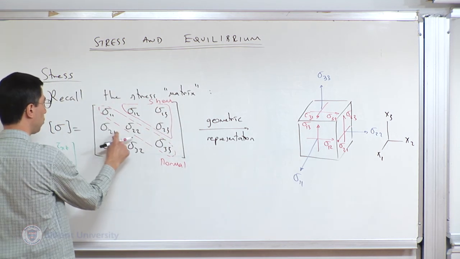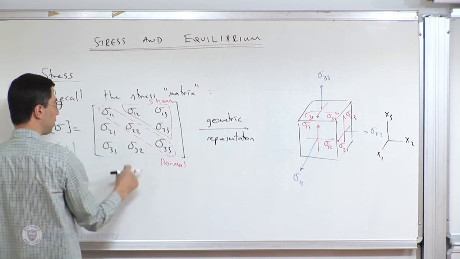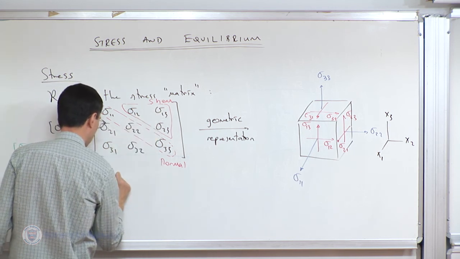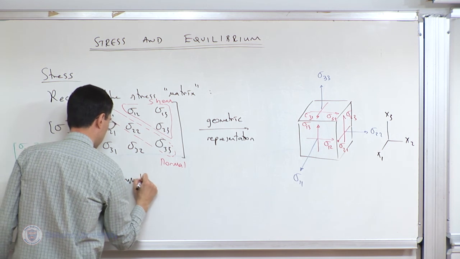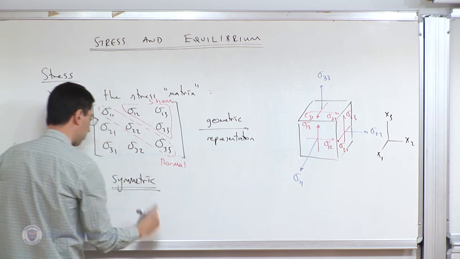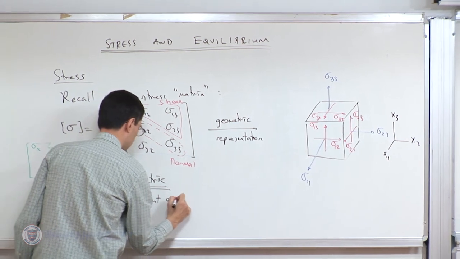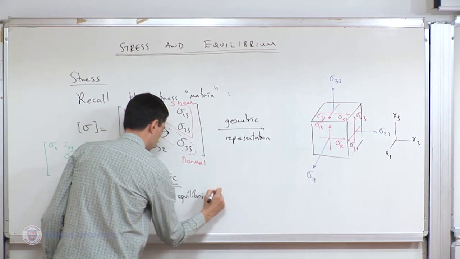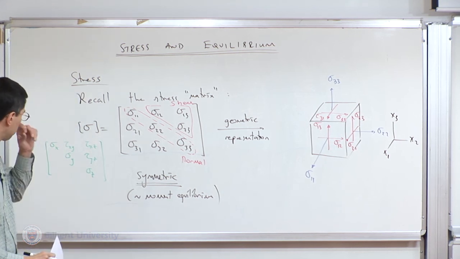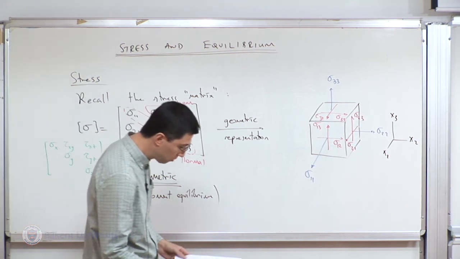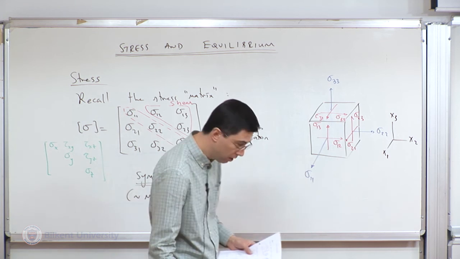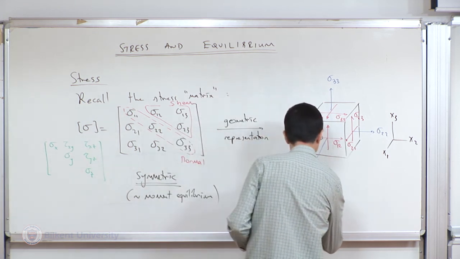In other words, sigma 2,1 is equal to sigma 1,2, sigma 3,1 is equal to sigma 1,3, etc. So it's symmetric. Okay. Just like for the strain. So we have 6 independent components of the stress.